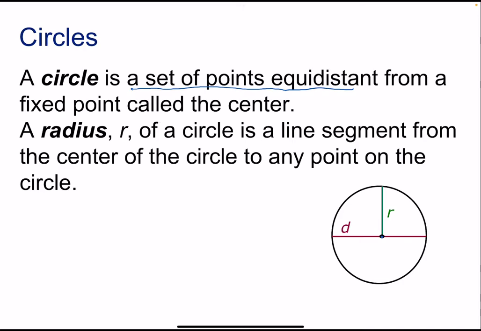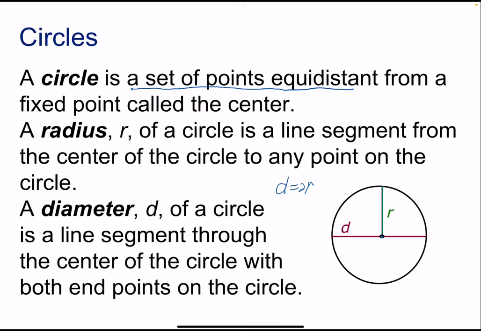The length from the center of the circle to a point on the circle is the radius. Diameter D equals 2 times r, the line segment that crosses the center of the circle.